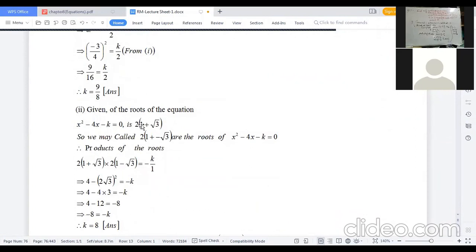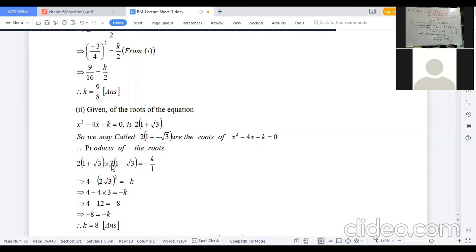Similarly, for the second equation, x² − 4x − k = 0, the root is 2(1 + √3)/3. So we may call the other root 2(1 − √3)/3, the conjugate. This is the plus 1, this is the minus 1. The other root will be this for the given equation.